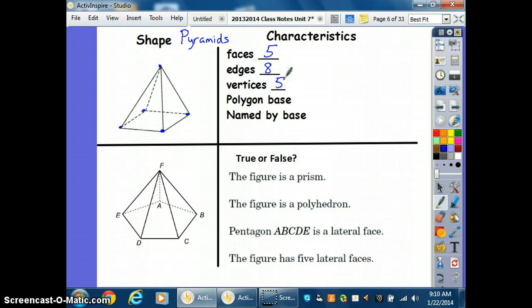The polygon base. Let's say it's a rectangle. We'll put some right angles in there. And it's named by its base, so it's a rectangular pyramid.